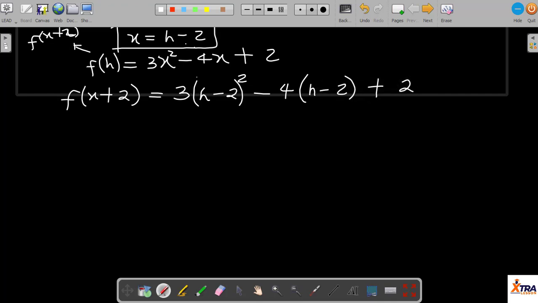plus 2. Expanding this, we have 3 into h minus 2 times h minus 2.